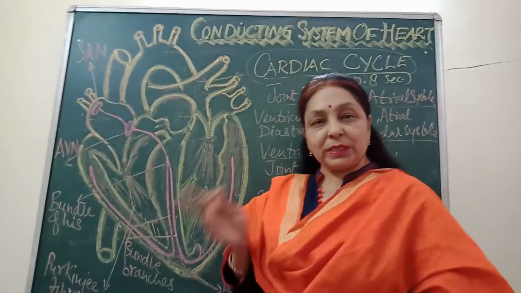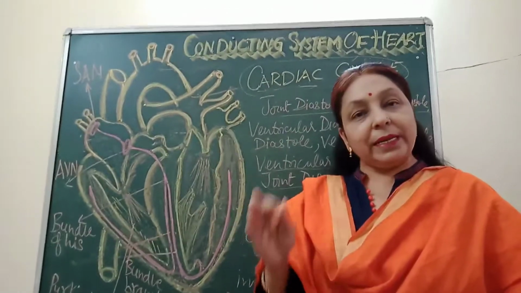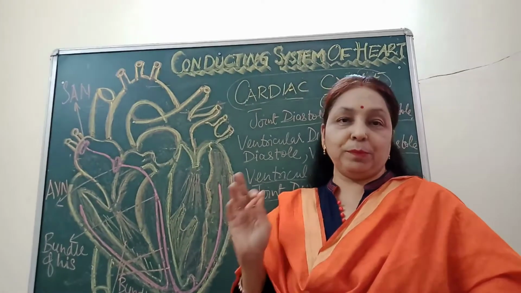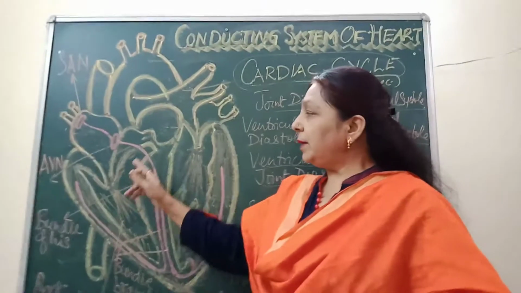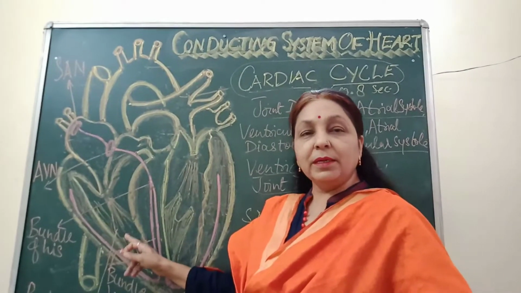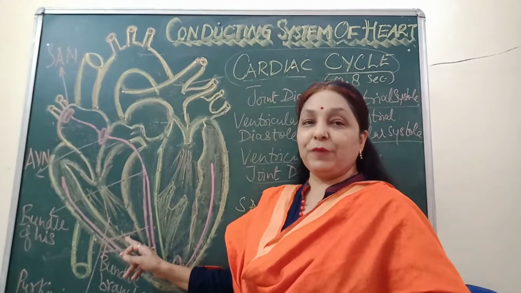So I told you systolic helps in the contraction of the muscles. At that time the heart chambers are expelling blood from them. And during the diastolic, the muscles are relaxing, which means the heart chambers are getting filled up.